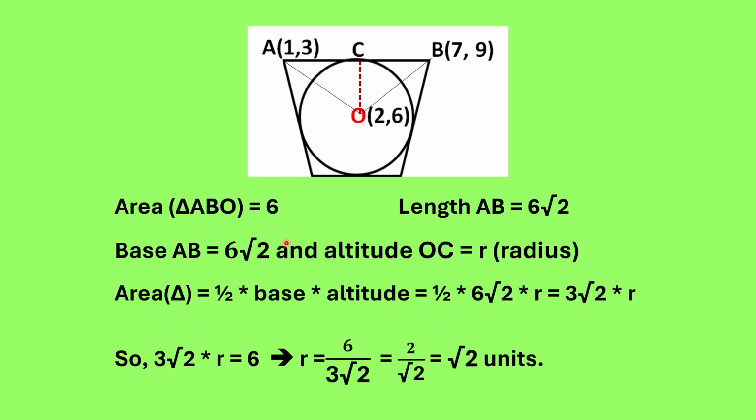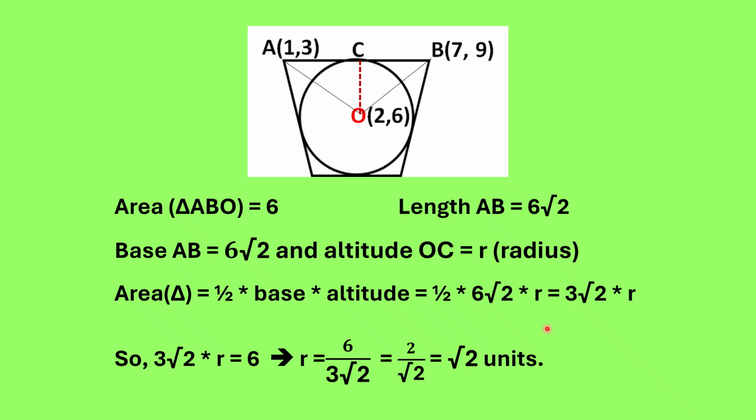Now we can say that area is equal to half into base into altitude. So area is equal to half into 6 root 2 into altitude R, which gives you 3 root 2 into R. But the area we got earlier was 6.